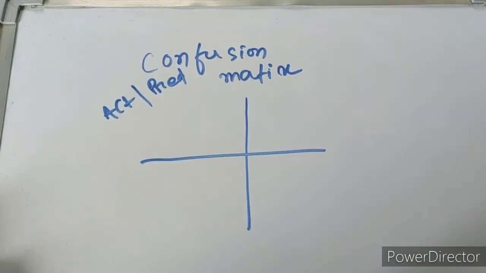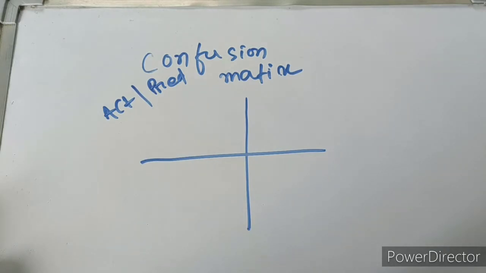So as I told, the true positive term came while understanding the ROC curve. Here I can say we need to understand the confusion matrix clearly to get into the ROC curve mechanism.